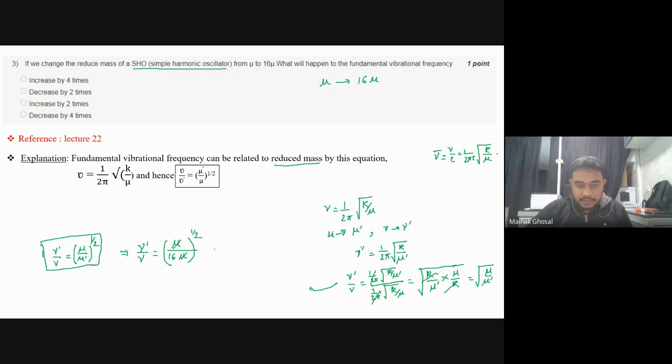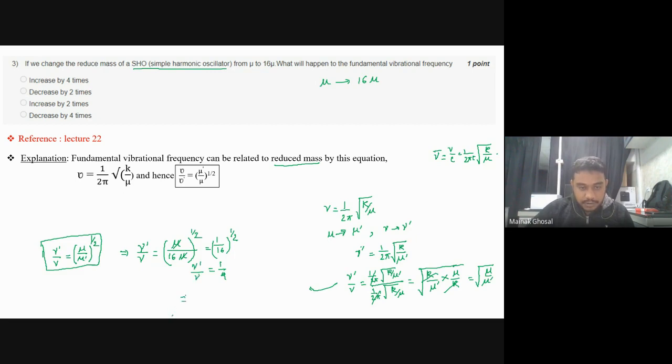We will cancel, and it will be 1 by 16 whole to the power half. So what should be the value? It should be plus minus 1 by 4. But we cannot take the minus because this frequency cannot be negative, so the value will be 1 by 4. So nu prime by nu is coming to be 1 by 4.